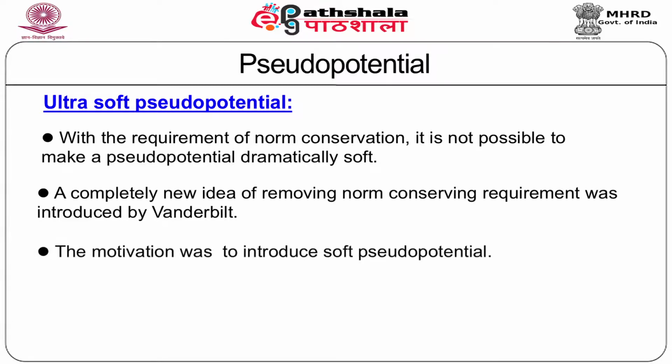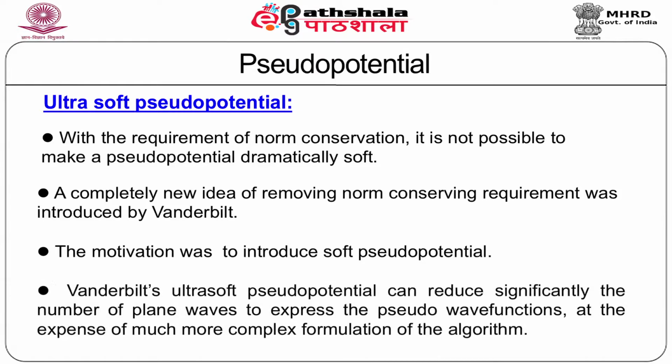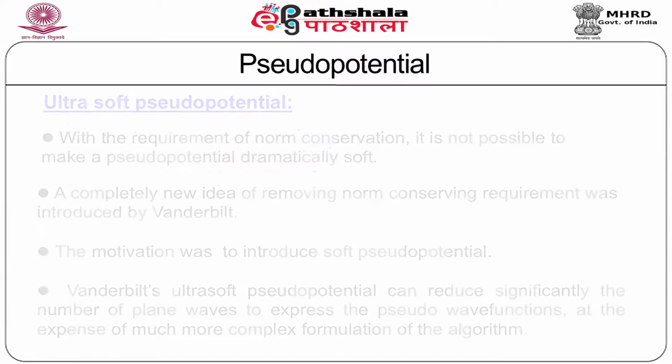The motivation was to introduce soft pseudopotentials, and Vanderbilt's ultra-soft pseudopotential can reduce significantly the number of plane waves to express the pseudo-wave functions, at the expense of a much more complex formulation of the algorithm.